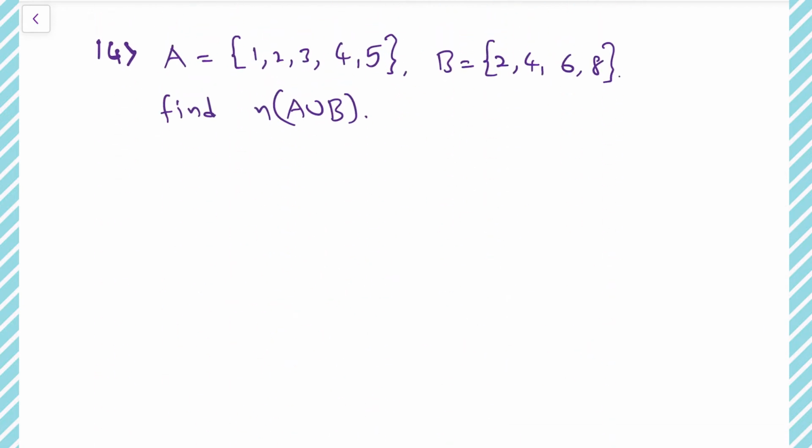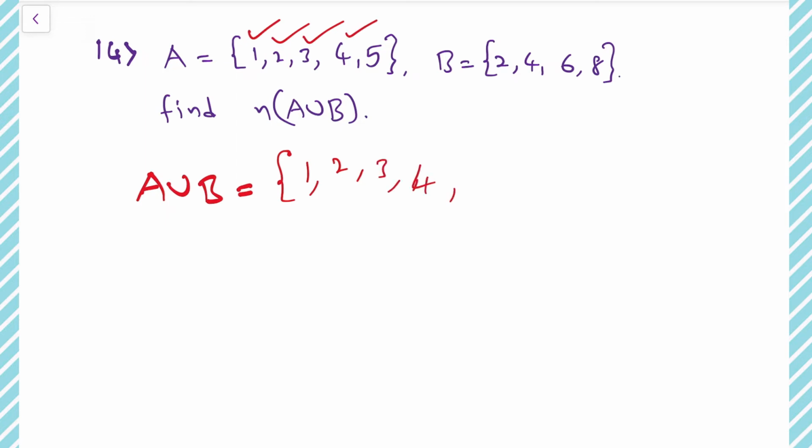Next, set A equals 1, 2, 3, 4, 5 and set B equals 2, 4, 6, 8. Then find n of A union B. n of A union B is nothing but the number of elements in the set A union B. So first let us find A union B. Union is nothing but all the elements together. Here 1, 2, 3, 4, 5.